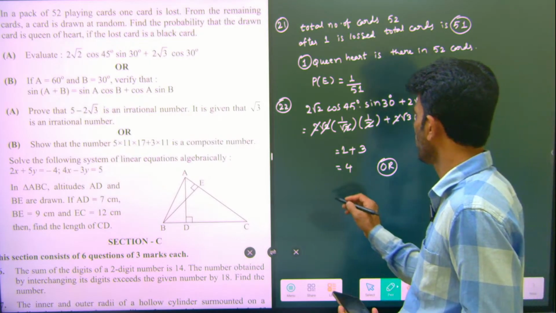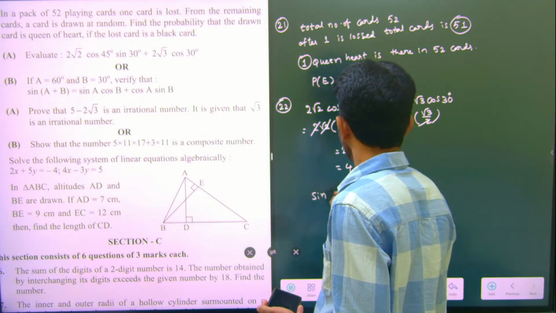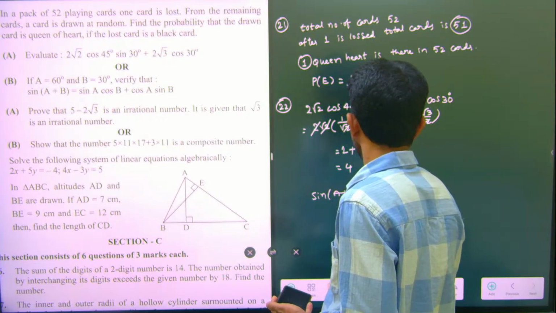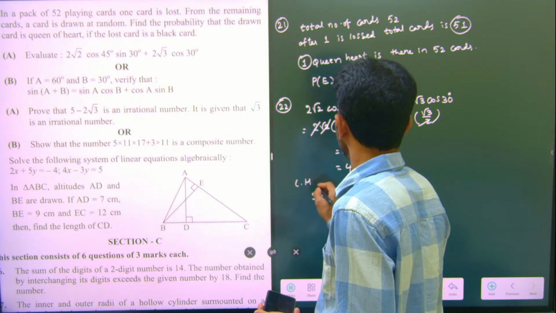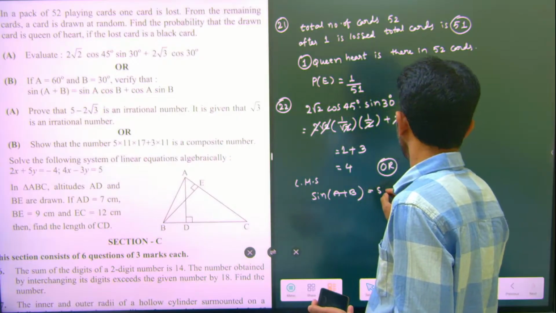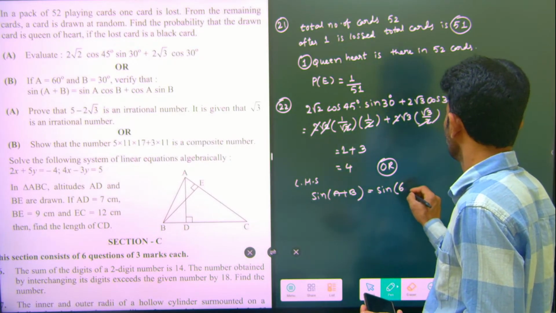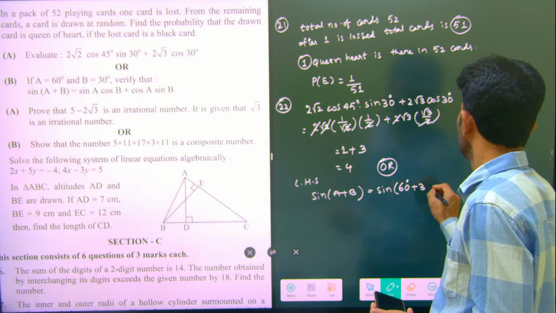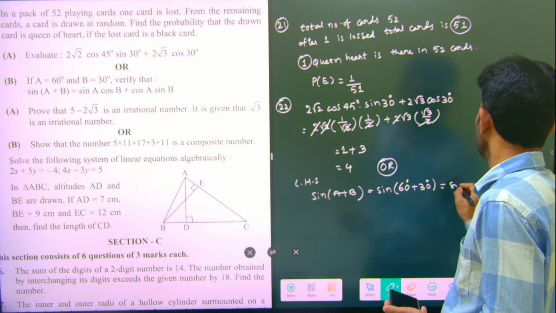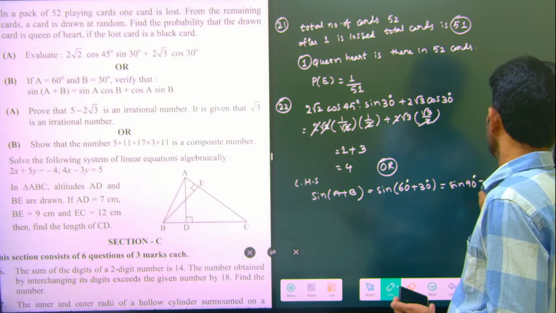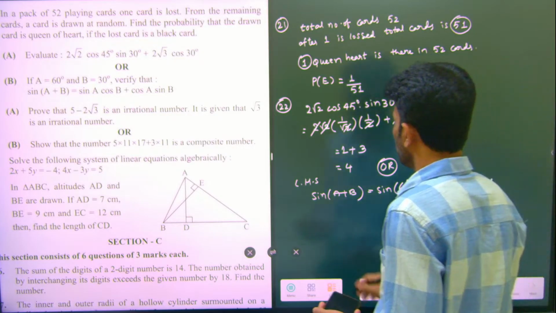to verify. We should find out LHS separately. Sin of A plus B, LHS, what it is, sin of A is given 60, B is given 30. So 60 degrees plus 30 degrees, so sin 90 degrees, sin 90 degrees is 1. We should do separately.